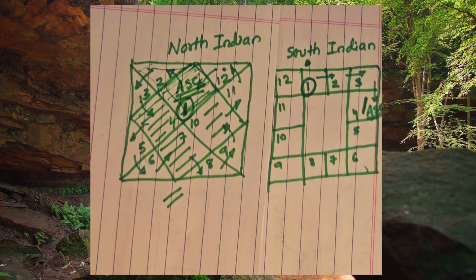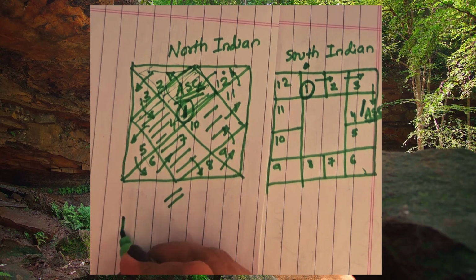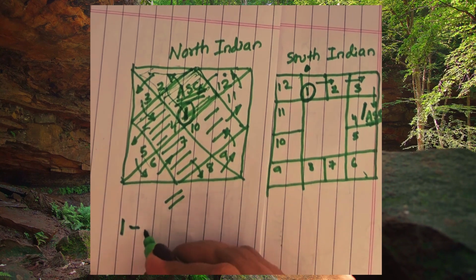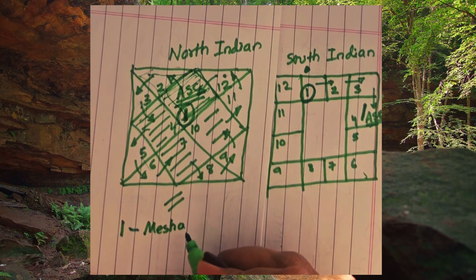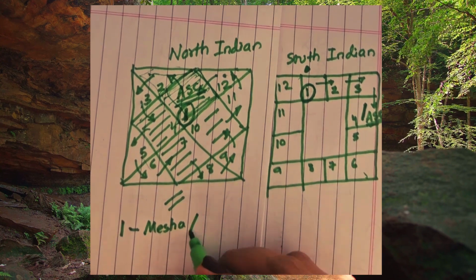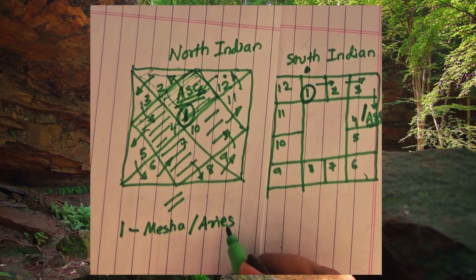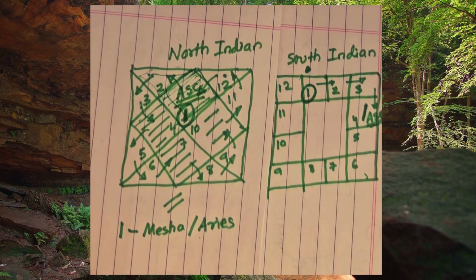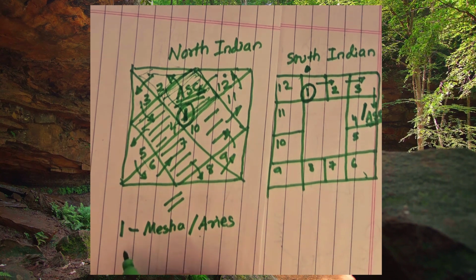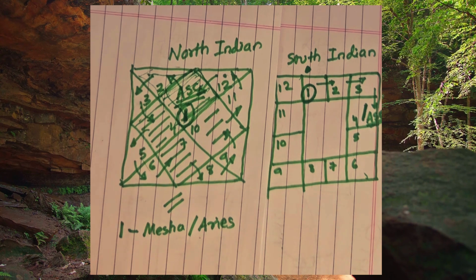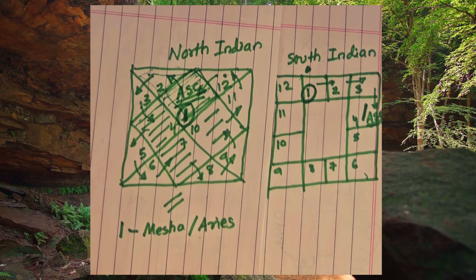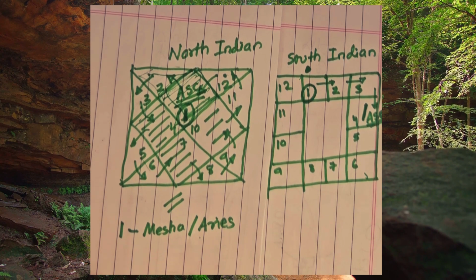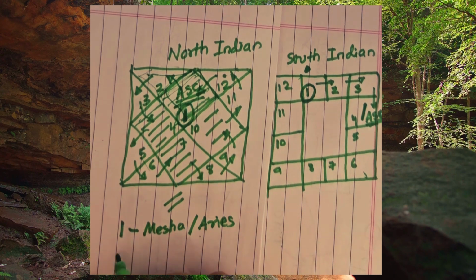So the first sign is Mesha Rashi or Mesha sign, or it is also called Aries. In English it is Aries, in Sanskrit or in Hindi it is Mesha Rashi. This Mesha Rashi is represented by a ram or male goat with powerful horns. That is the significance of Mesha Rashi.